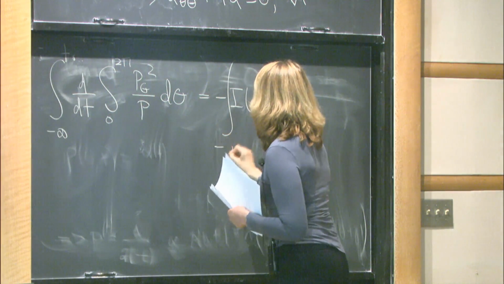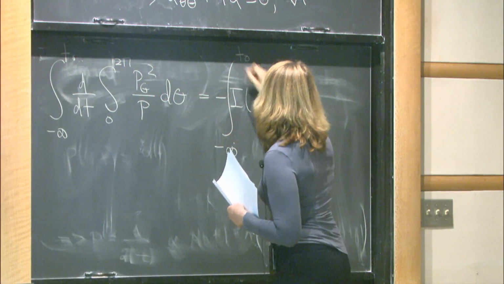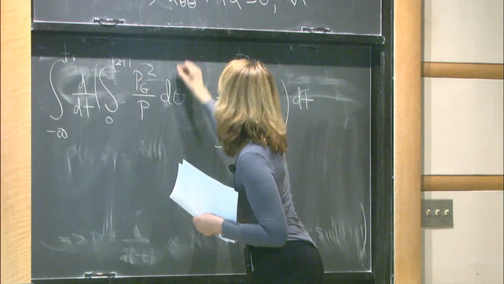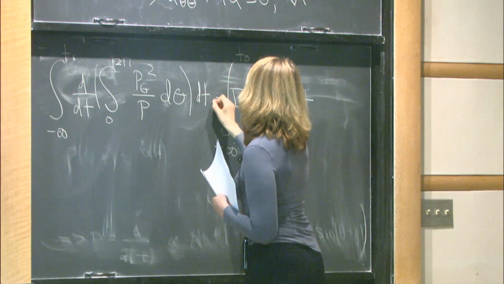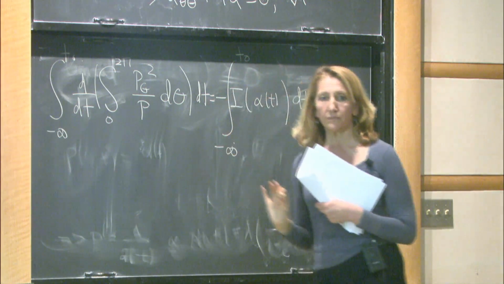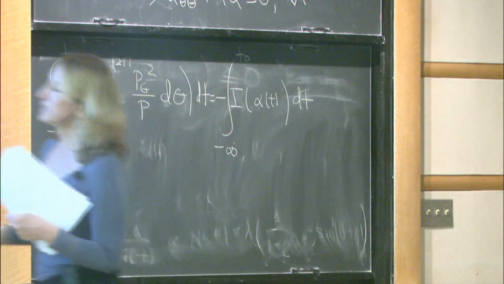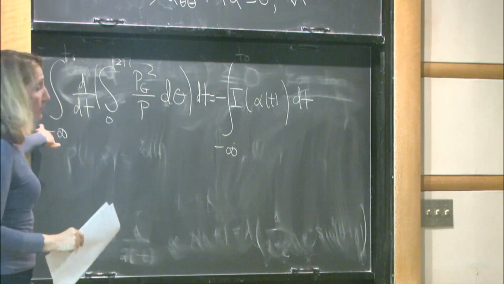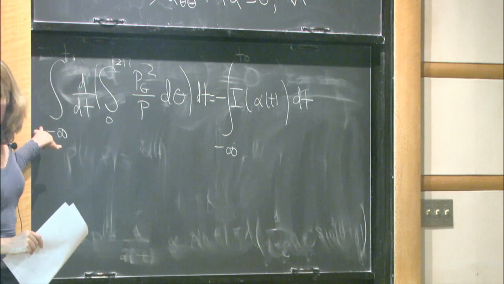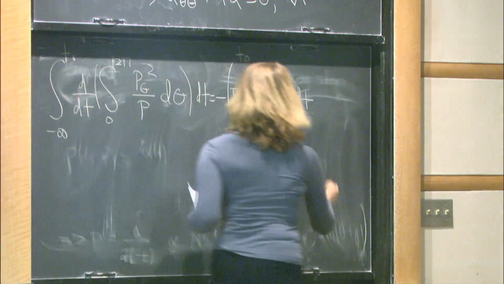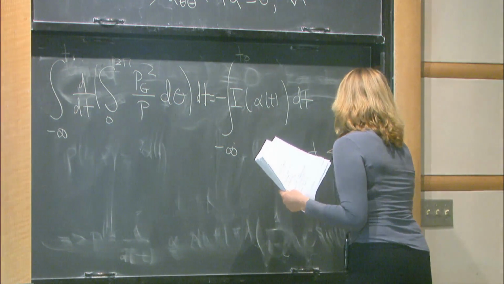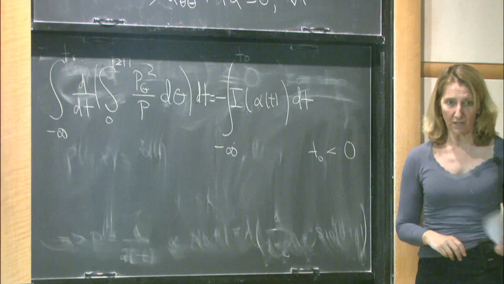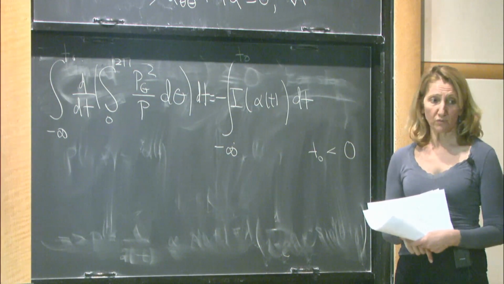Now, for t naught, I want to put any number less than 0. It doesn't matter, you can take minus 100, because I only want to look at what happens at minus infinity.